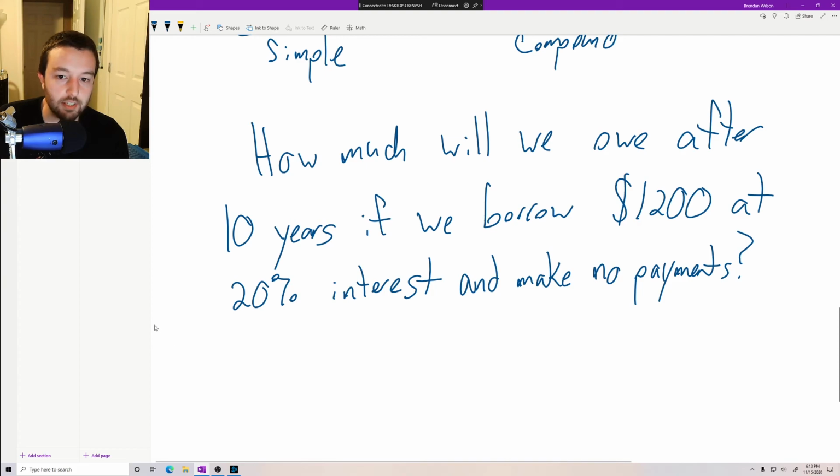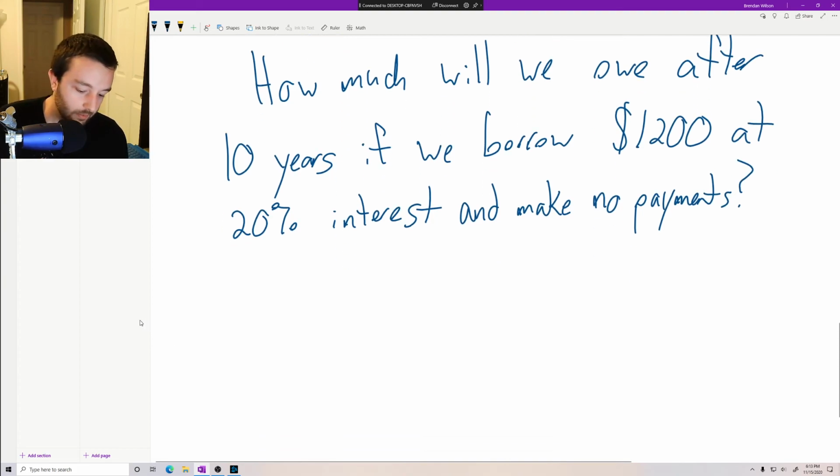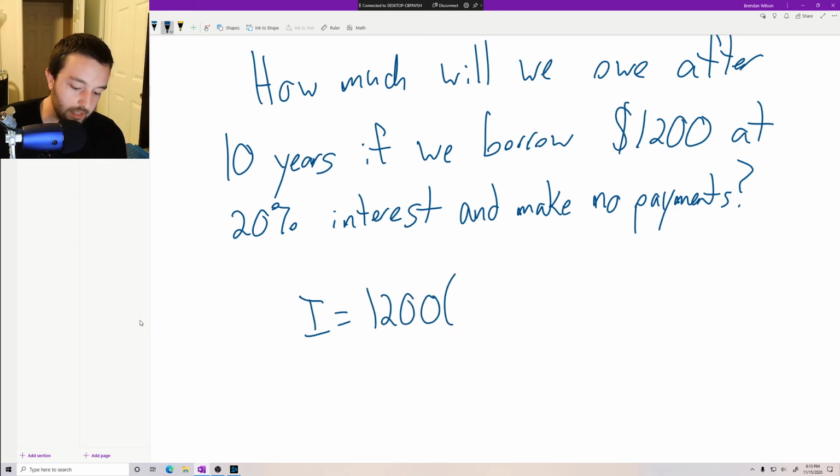So let's first calculate how much interest we would owe. So I is equal to P, which is 1,200, times the interest, which is 0.2, because it was 20%, times the time, which is 10.